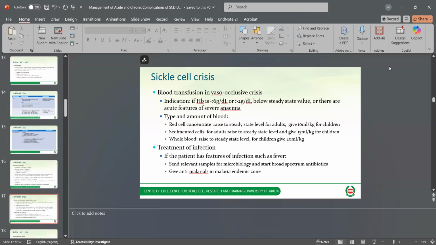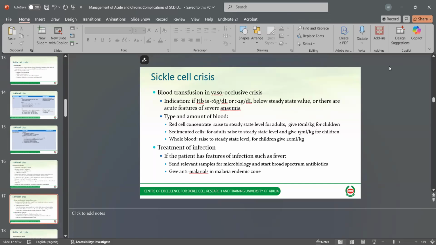Blood transfusion in vaso-occlusive crisis. Indications include, because I mentioned earlier that sometimes a patient could have vaso-occlusive crisis and at the same time have aplastic crisis, or other conditions that would have led to a marked or significant drop in the hemoglobin level.